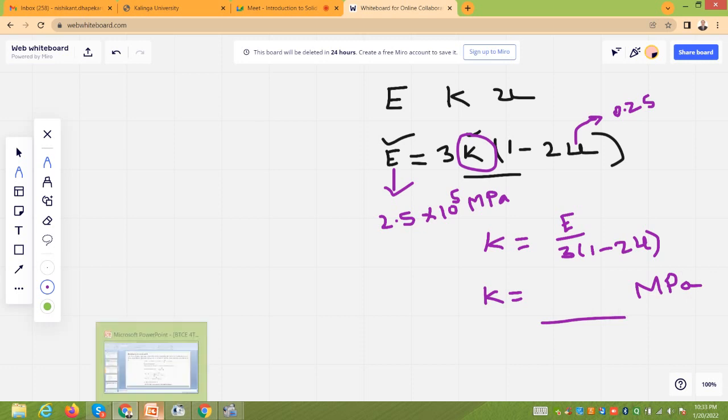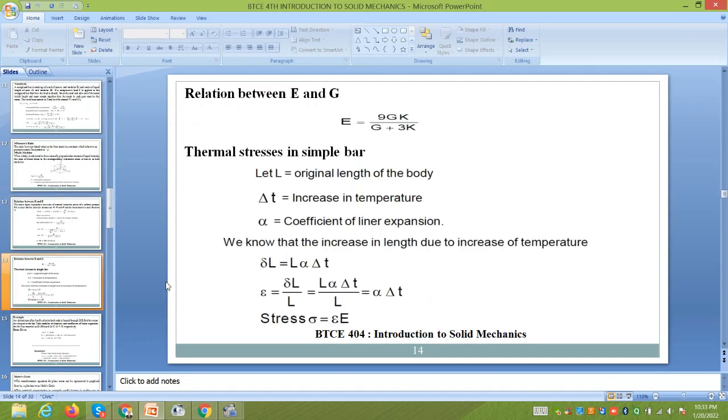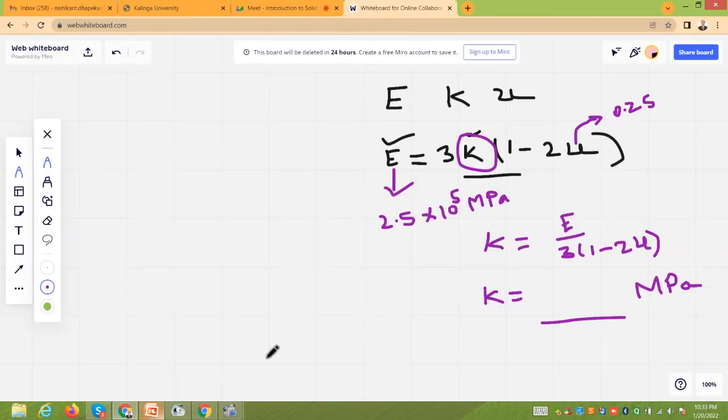Can you please solve and tell me the value? Anyone?